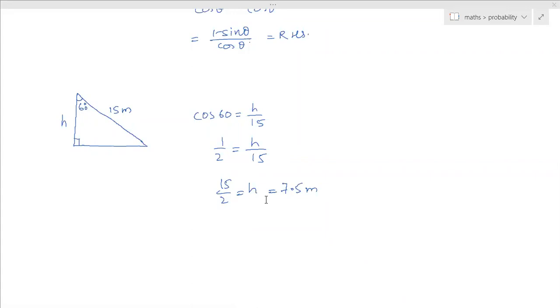Only that NCERT exercise. Solved, unsolved, everything. Before 8.4, there are 3 solved questions. So tomorrow it will be in the class only. Yes, in the class itself.